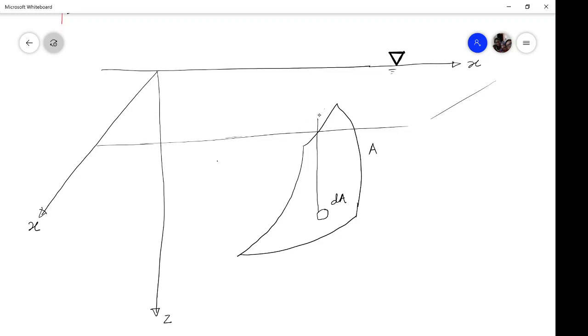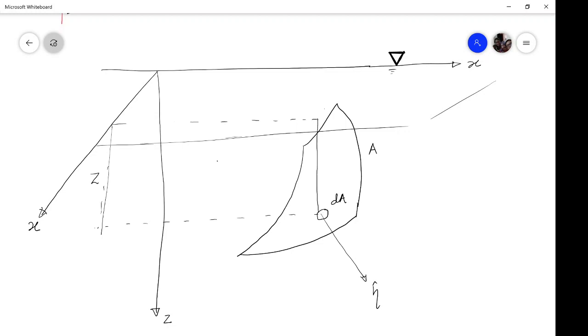Let us say that this is the free surface, and this height is z. Then the pressure force acting at this point on this small element will be in the downward direction, normal to the surface at this point. Let us say that the unit normal vector in this direction is eta.